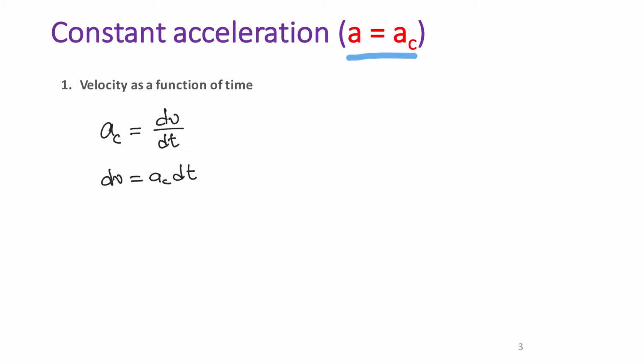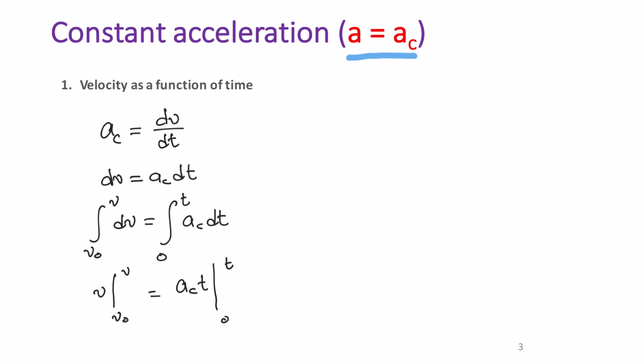Now, we are going to take the integral from v0 to v for dv, which is equal to the integral from 0 to time t for a_c multiplied by dt. Clearly, if we take the integral over here, we will get v going from v0 to v, which is equal to a_c multiplied by t from 0 to t.